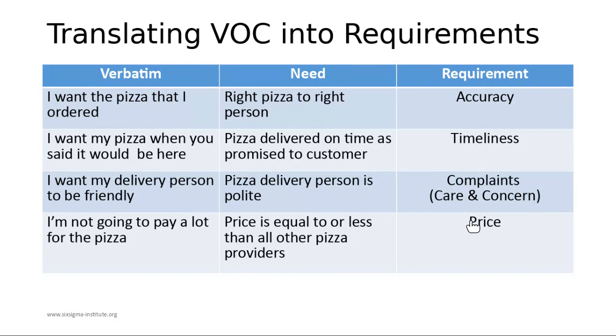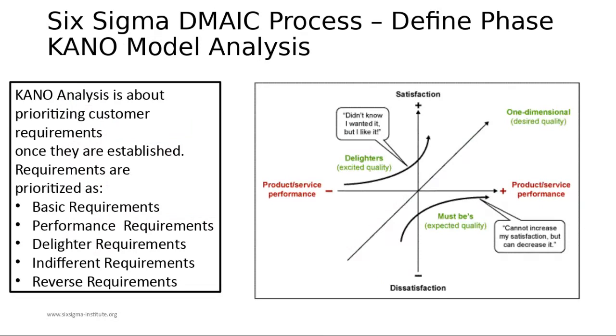So the price and all the other categories have to be identified based on what your customers need, not your employer's expectation, or your vision. Your vision for the process has to be derived from the voice of the customer.